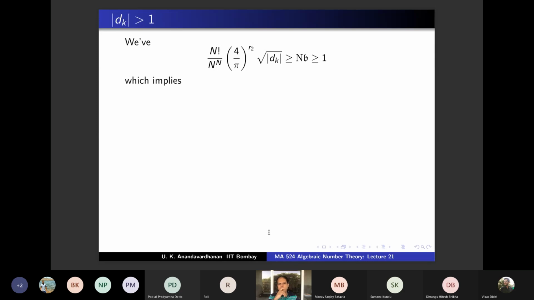Because B is an integral ideal, so its norm is an ideal in Z. So it's generated by a positive integer, and the norm of that is an integer. So it's at least 1. Okay.